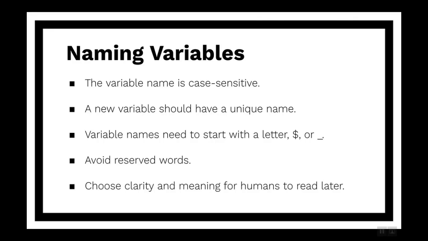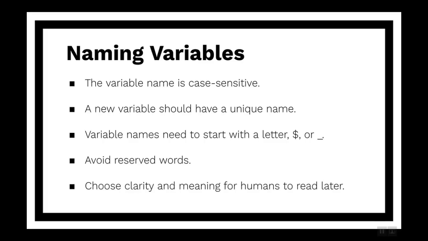So you have to avoid using reserved words. A reserved word can be, for example, this. A reserved word can be if or else. We are not allowed to use those words while declaring a variable.